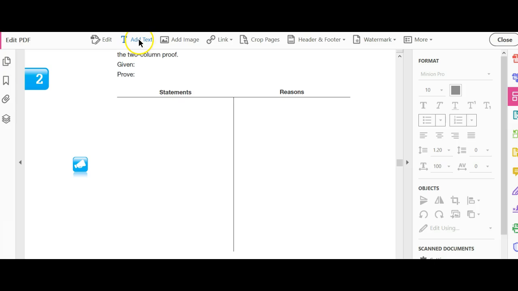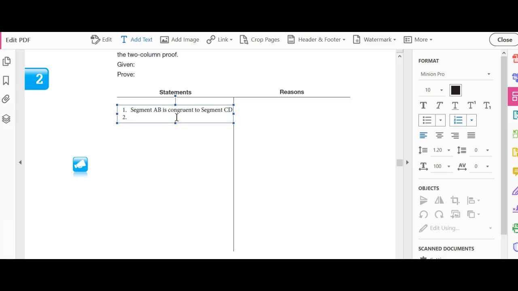Okay, so here we go. I'm going to start with our first statement, right? And statement number one was the given statement. Almost always is the given statement. So the first statement was that segment AB is congruent to segment CD, right?